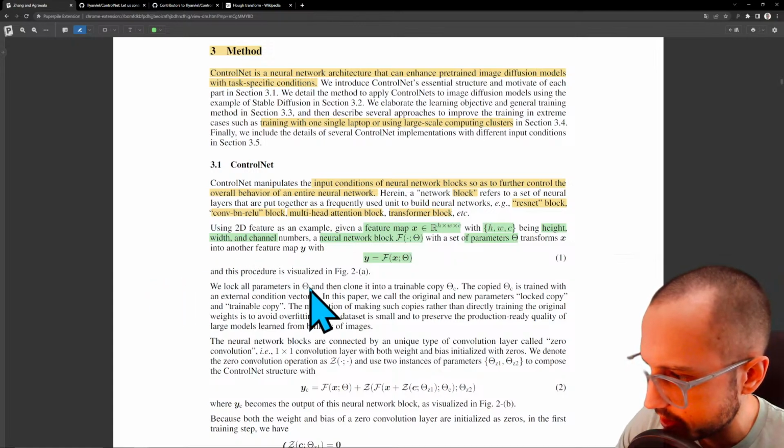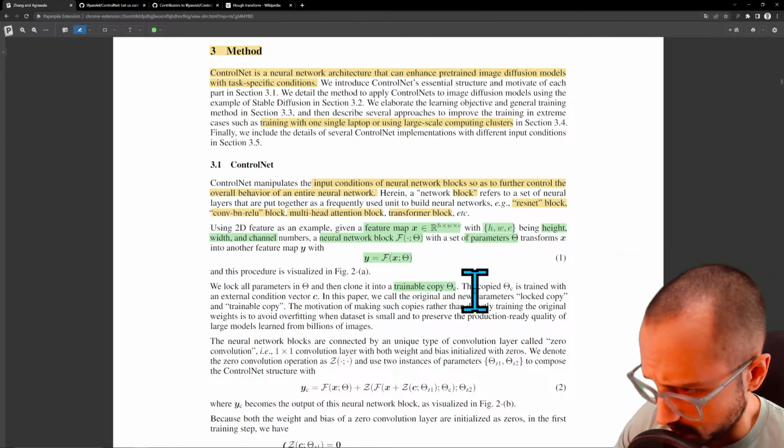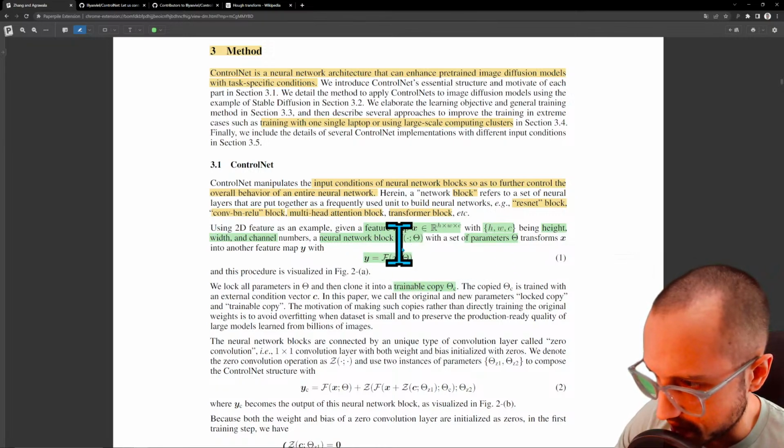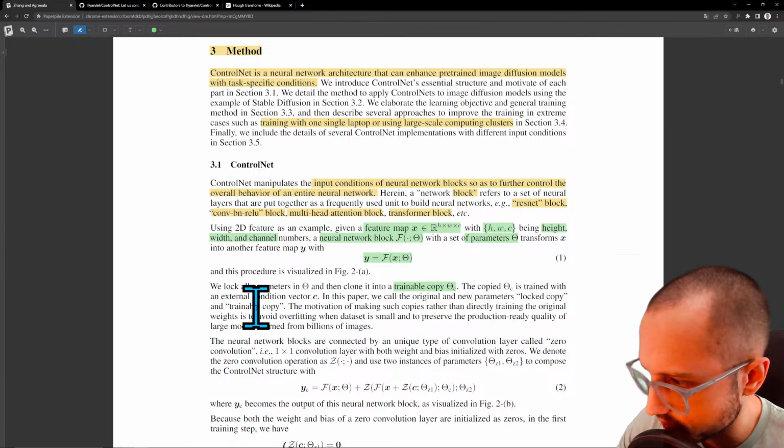We lock all the parameters in theta and then clone it into a trainable copy, theta c. So this is basically going to be the exact block, but a copy of that block. The copy theta c is trained with an external condition vector c.